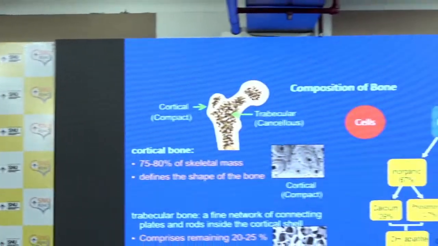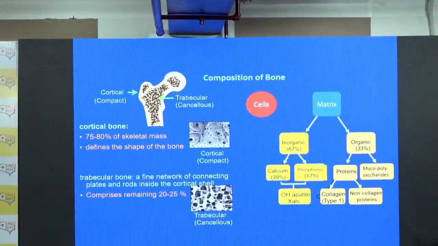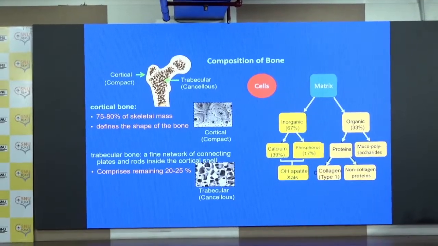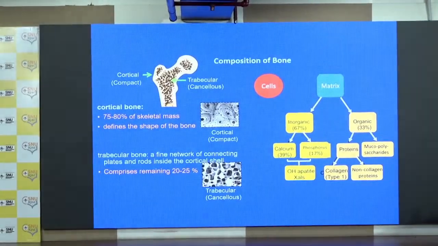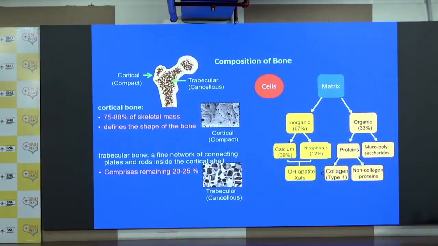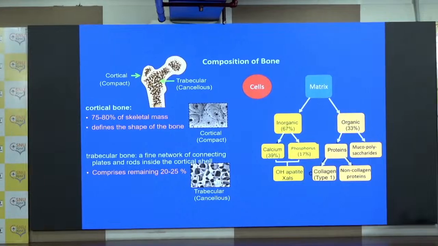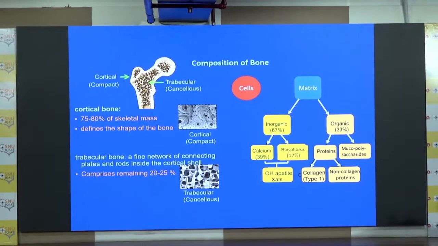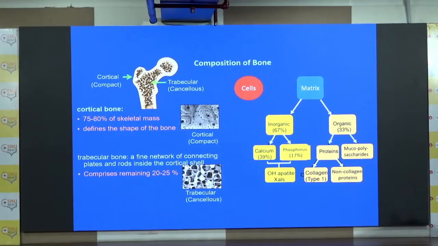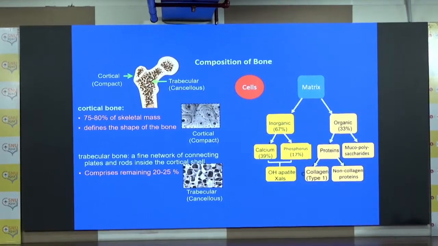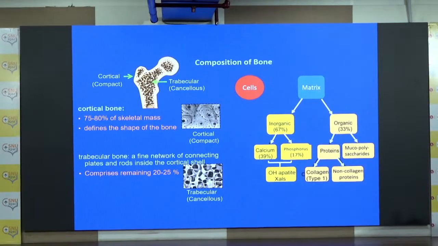And we know that long bones consist of cortical and trabecular components, an outer shell of cortical bone, which makes up about 75 to 80% of the skeletal mass. It defines the shape of the bone. And inside the bone, there's trabecular or cancellous bone, which is a network of connecting plates and rods, and it comprises about 20 to 25% of the remaining part of the bone.